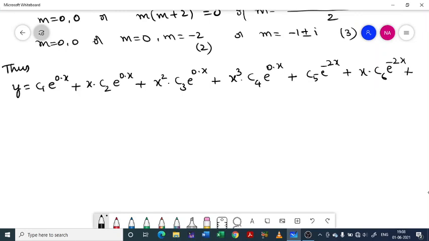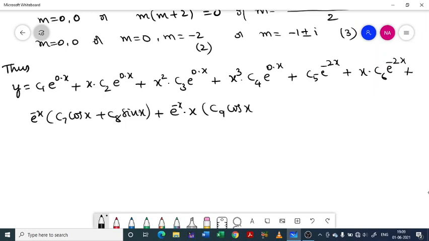Plus now come to this: e power minus x times (c7 cos x plus c8 sin x) plus e power minus x into, repetition is there, so into x, times (c9 cos x plus c10 sin x) plus x square into e power minus x, (c11 cos x plus c12 sin x).